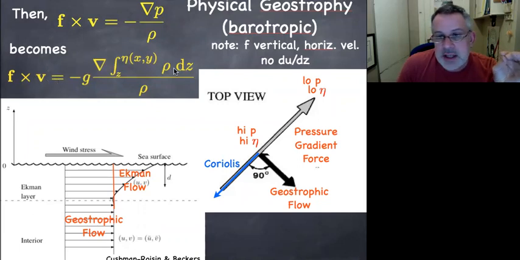We just get a slightly different version of what the geostrophic velocity is, but it's still not sheared in the vertical. It's just moving around in these Taylor columns, and it tends to have most of the dependence still come from the horizontal variations of the sea surface height rather than the horizontal variations of the density.